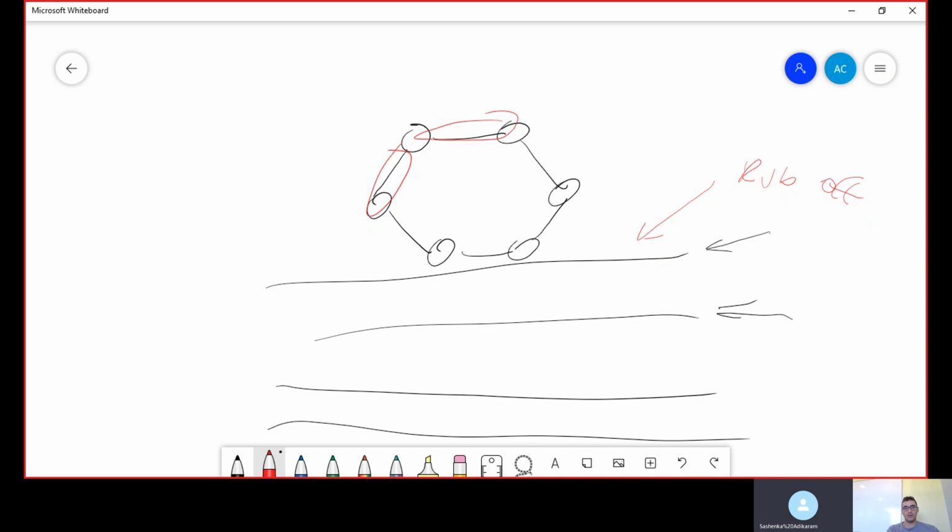So it's going to have 3 electrons elsewhere. Does that make sense? The reasons why this actually happens are going to be explored a little bit deeper later.